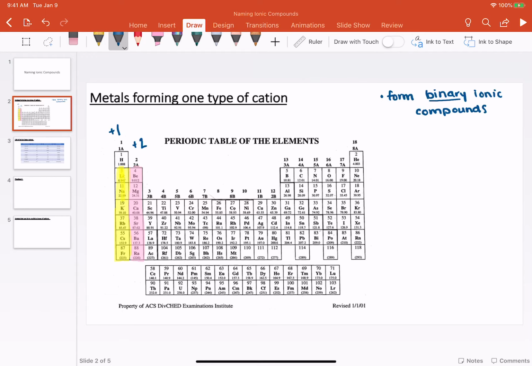Well, binary means 2, so these are going to be ionic compounds that are formed of only 2 types of elements. These are going to be our ionic compounds that are formed between a metal and a nonmetal. And here's what you do to name these.